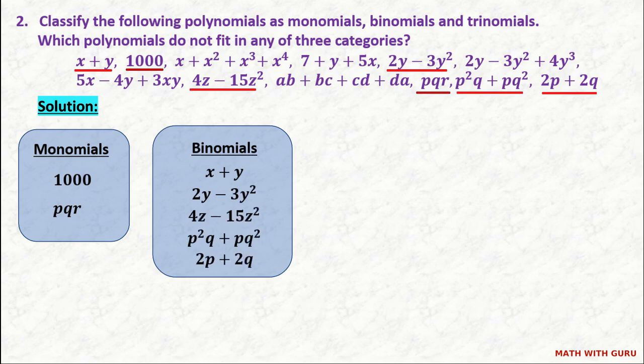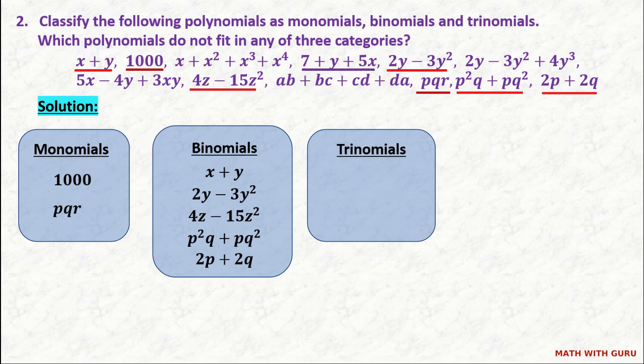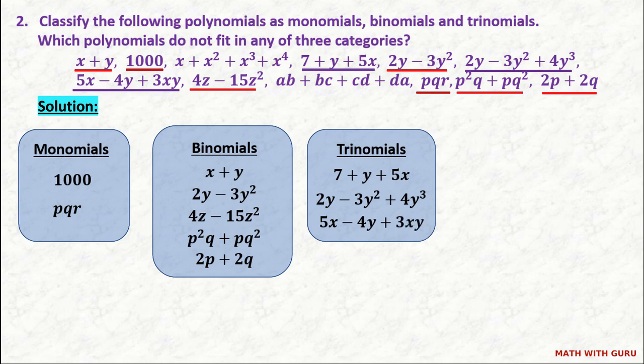There are 5 in number. What are the trinomials here? First one is this, 7 plus y plus 5x, 2y minus 3y squared plus 4y cubed, 5x minus 4y plus 3xy. These are the 3 trinomials here.